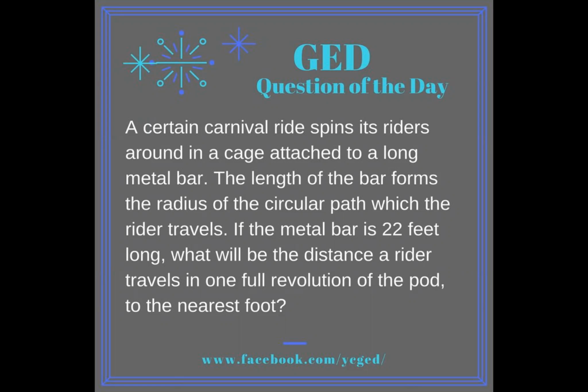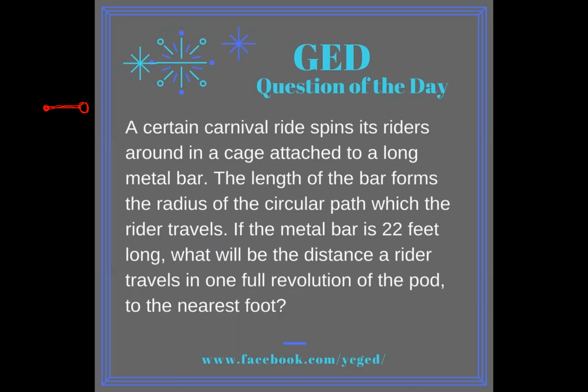Okay, there's a ton of information going on here, and I think a really good start for us is going to be to try to sketch this out. So first of all, we've got a carnival ride that basically has a pod or a cage attached to a long metal bar.